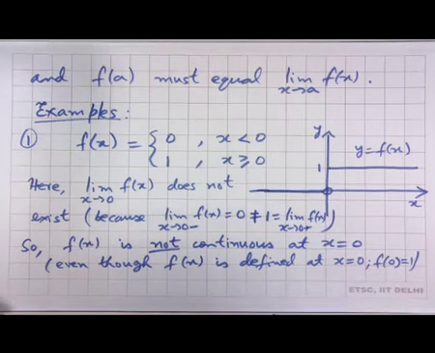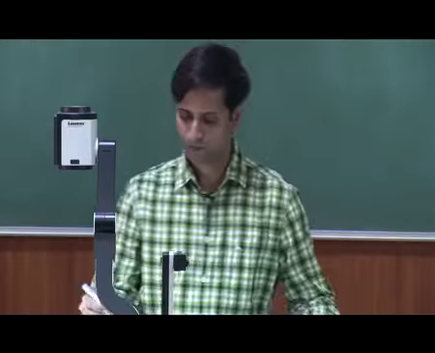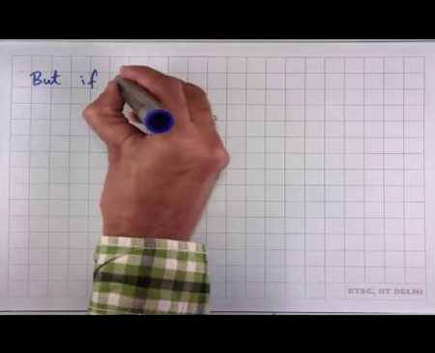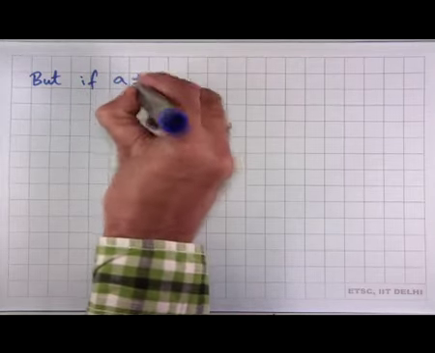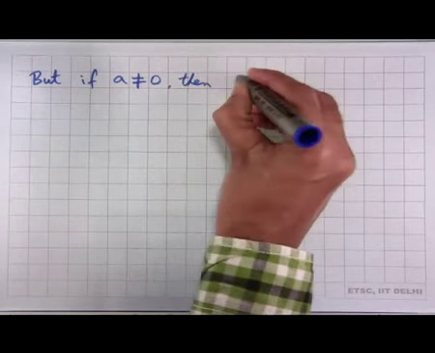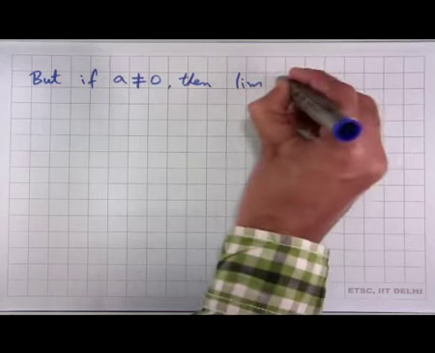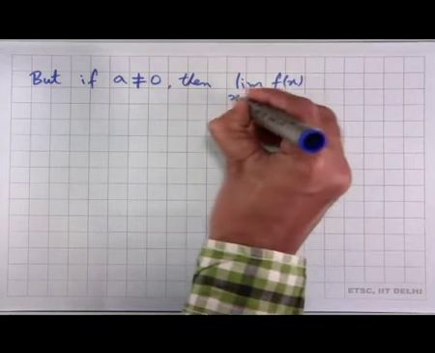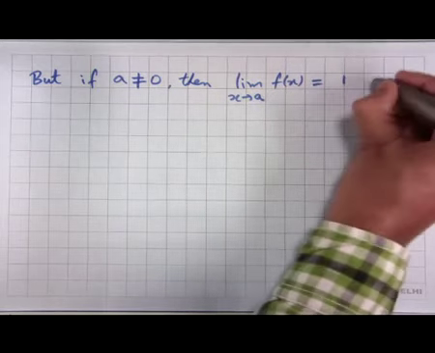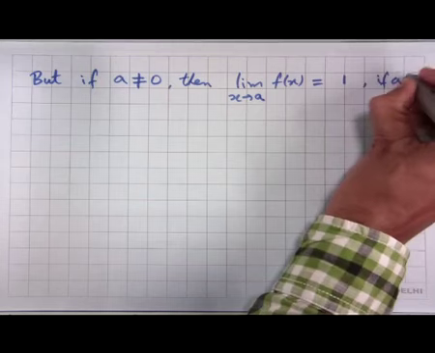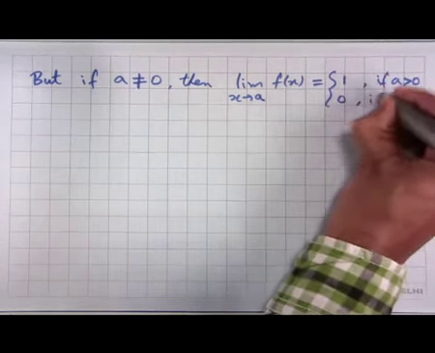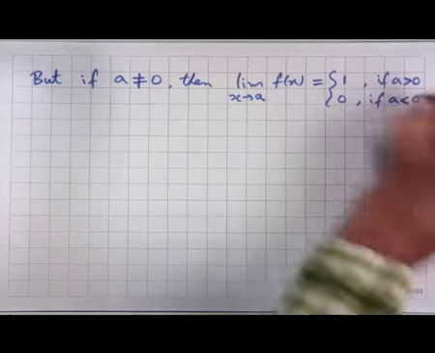But if you take any point other than 0, that is, if a is not equal to 0, then the limit of f of x as x approaches a is equal to 1 if a is strictly positive, and this is equal to 0 if a is strictly negative, right.